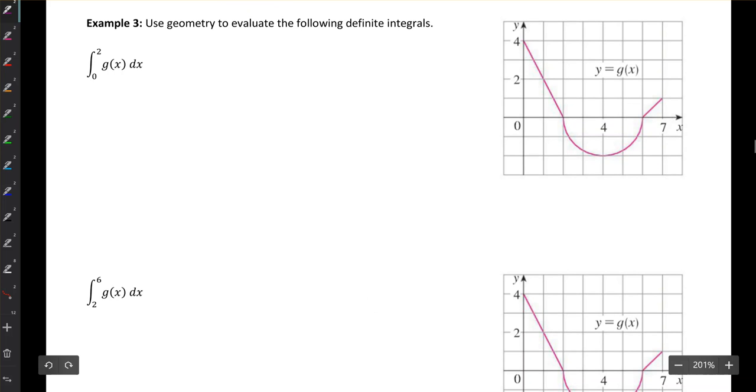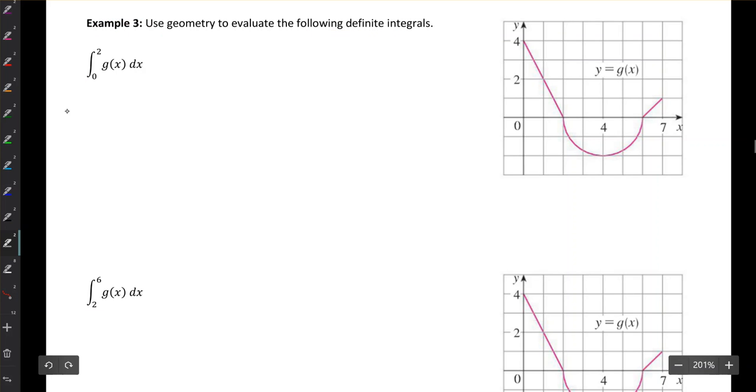All right, so example 3, we're being asked to use geometry to evaluate the following definite integrals. What this is really about is getting us to read what question this is asking me.